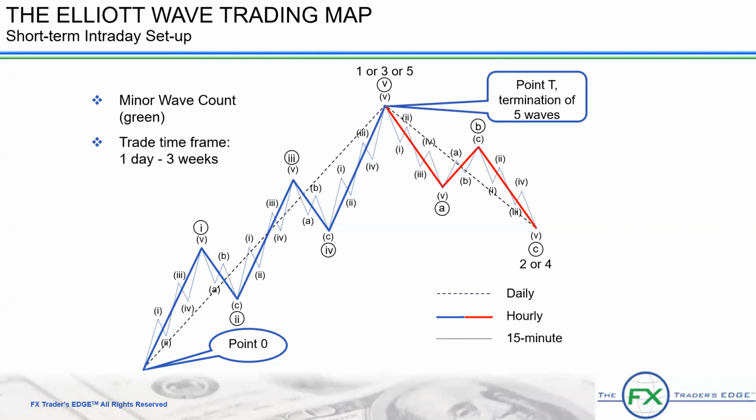So you're doing the exact same thing, but you're either taking your trades off of the 15-minute chart for day trades, or the 4-hour chart for swing trades, or the daily chart for position trades.